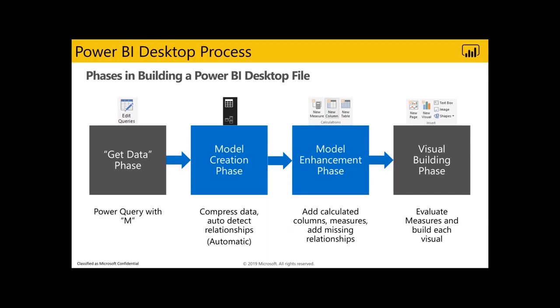So if you're trying to query a Dynamics database or some source system, even like Salesforce, M is going to translate into some sort of query that goes out and gets that data. And you've got to think about the performance of that and whether you're getting the right data. Again, focus on data quality first.